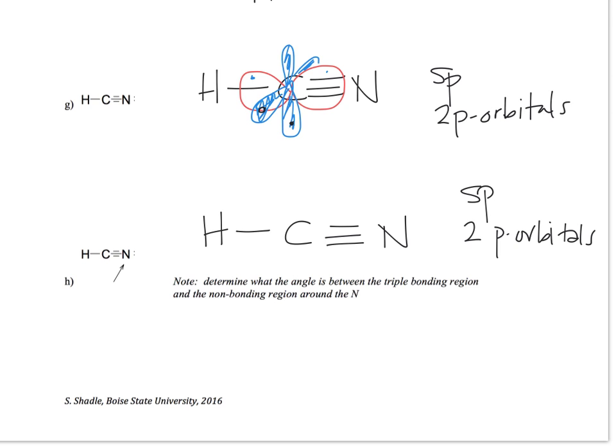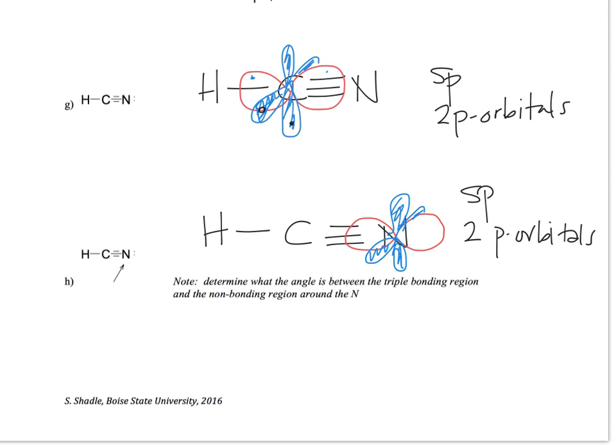And they're going to look just the same as the ones on the carbon, but the electrons will be different. So the orbitals will look the same, but the electrons will be different. So nitrogen will have 1 sp orbital going that direction, 1 sp orbital going that direction, a p orbital that is perpendicular but in the plane of the paper, and then another p orbital that is coming out at us.